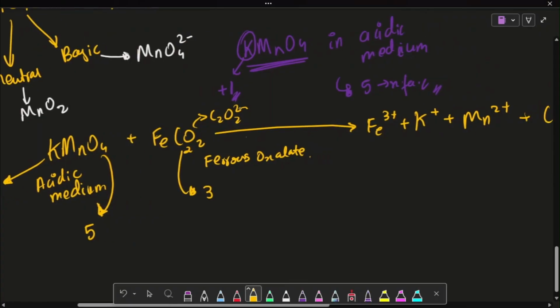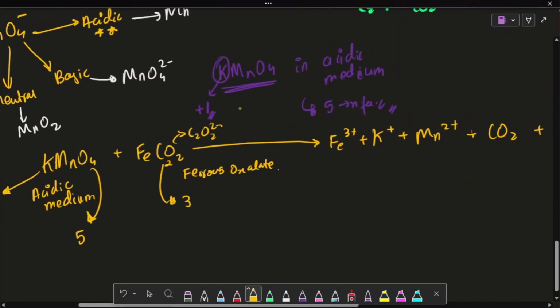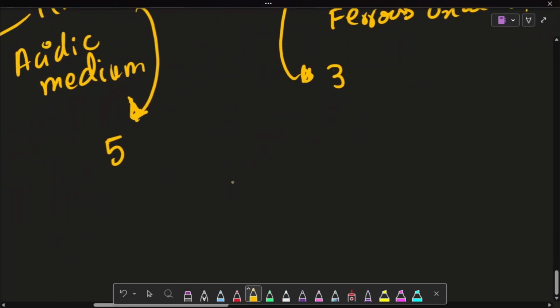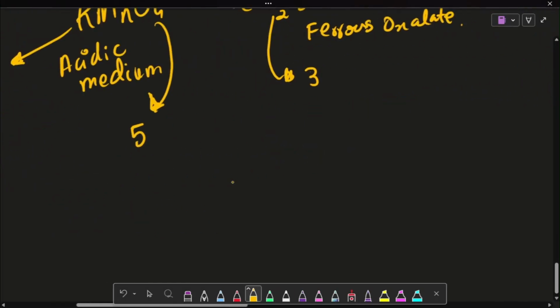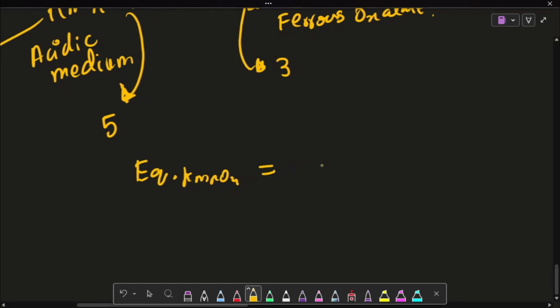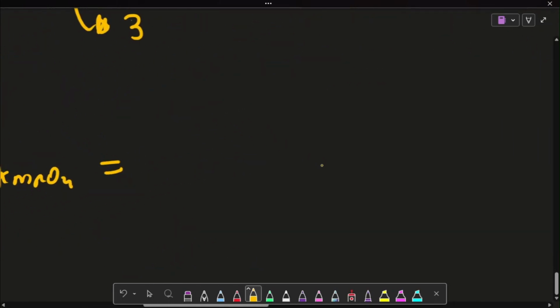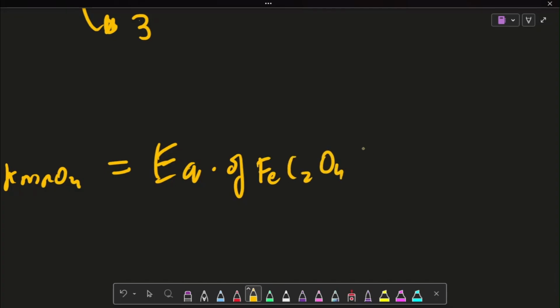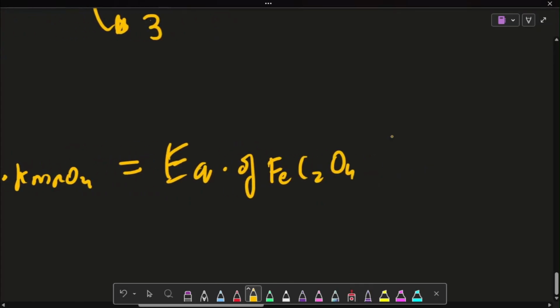One way to do it is you balance the reaction, you write out all the coefficients. That would take a lot of time, right? So if you remember the n factors for this reaction, what you can do is: equivalence of KMnO4 reacting is equal to equivalence of FeC2O4 reacting.